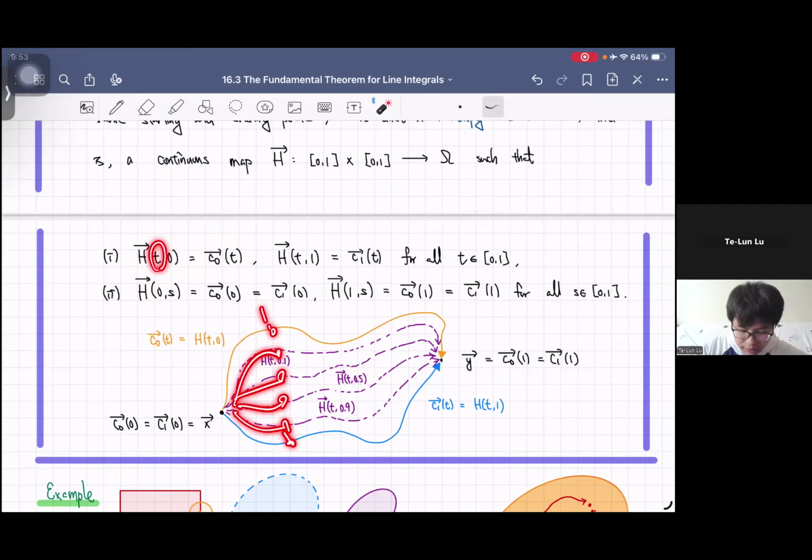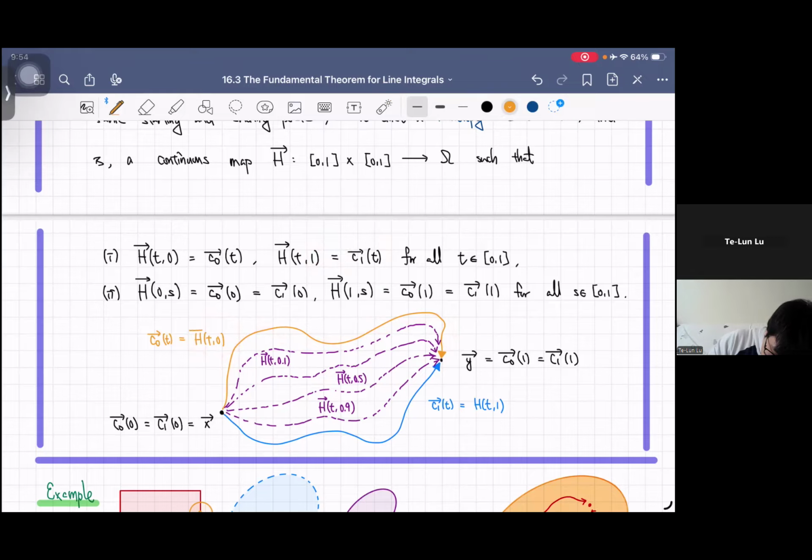For example, this is the same t. And the s here encodes the path. So for example, when s is 0, we see here that it is simply the C0 curve. And when s is 1, it simply is the C1 curve. So we see here, for example, this will be C0, which is H(t,0).